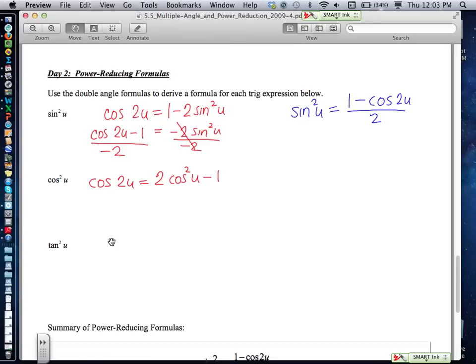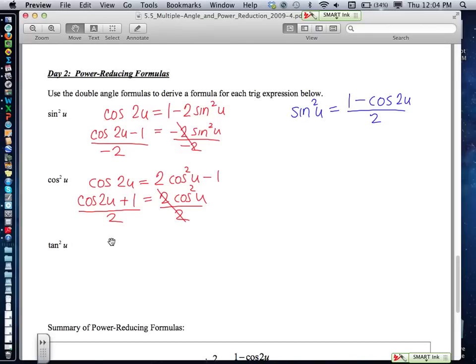So now we're going to rewrite that. We're just going to solve for cosine squared. So add 1 to both sides of the equation. So now we have cosine 2u plus 1 equals 2 cosine squared u. And then dividing both sides by 2 solves for cosine squared.